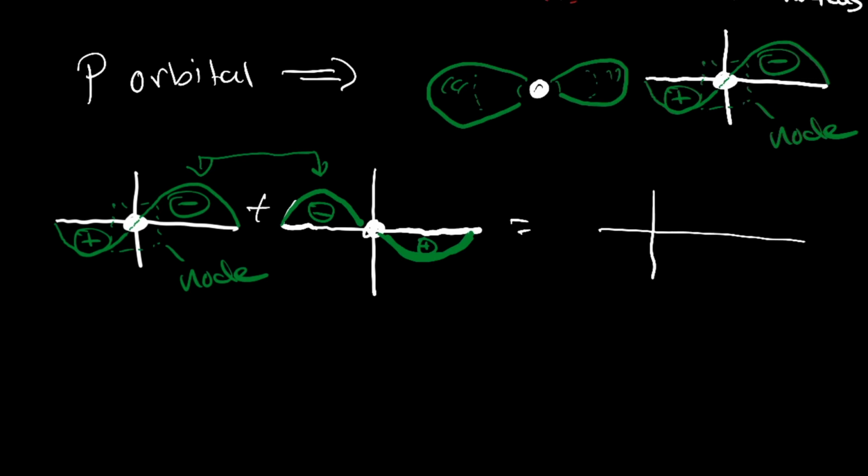And you're going to have a nucleus here and a nucleus here, and then you're going to have your little p lobe over here. Then you have a huge p lobe right here, and you're going to have a little guy like there, and that's going to be plus, and that's going to be plus, and that's going to be super negative, right? And it's huge, obviously, because that is your bond.